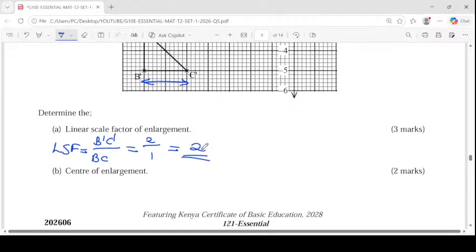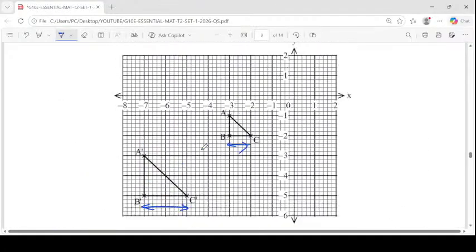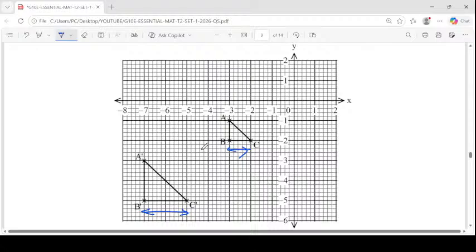Part B, the center of enlargement. How do you get the center of enlargement? It is simple. To get the center of enlargement, join A to A prime, then extend. Join also C to C prime, then extend.